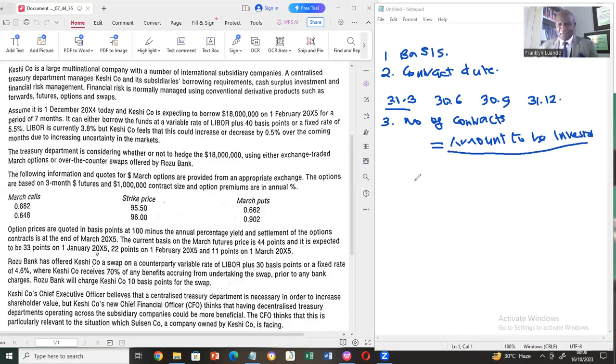Amount to be invested, divide by the contract size, multiply by the period of investment, divide by 3. 3 is standard because the contracts are in 3 months. So 3 is the standard, does not change.